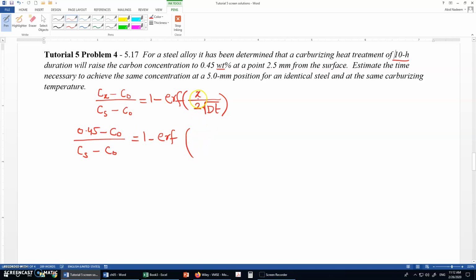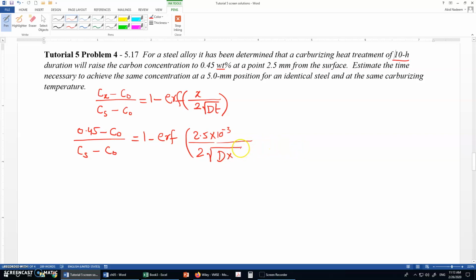X is the position which is 2.5 millimeter from the surface, so you can represent it in meters, although it is not necessary specifically in this problem, as we will see later. And D is the diffusion coefficient, we also don't know, and t is the time, 10 hours.